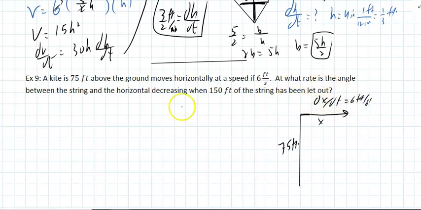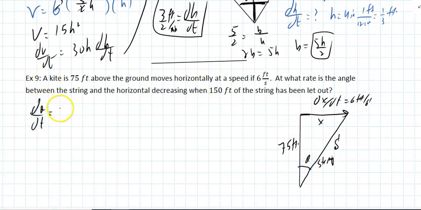At what rate does the angle between the string and the horizontal decrease when 150 feet of the string has been let out?